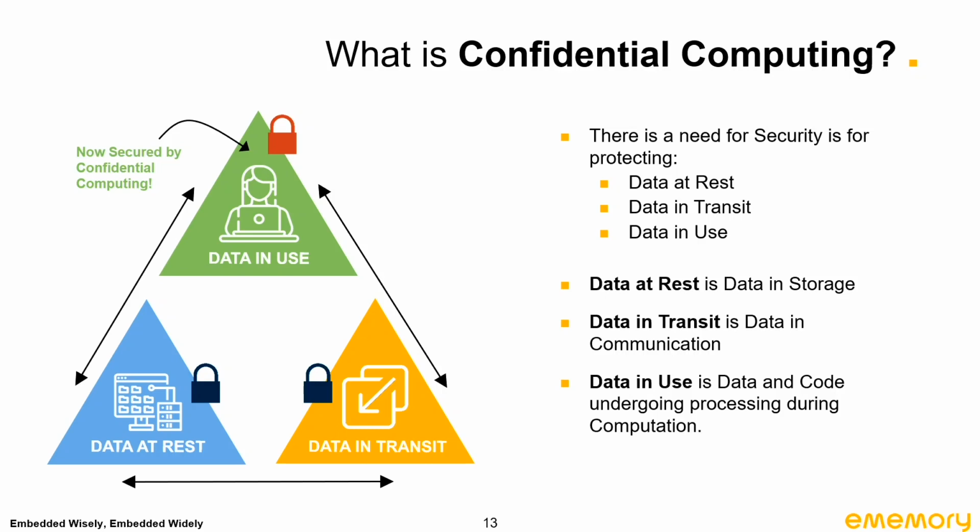Okay, so you can see from page 13, I have illustrated the three protections of data, including data at rest, data in transit, and data in use. And the protection of data in use is mainly by confidential computing.